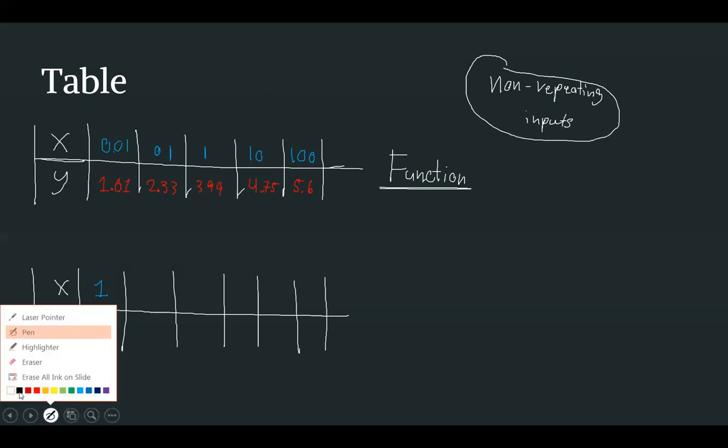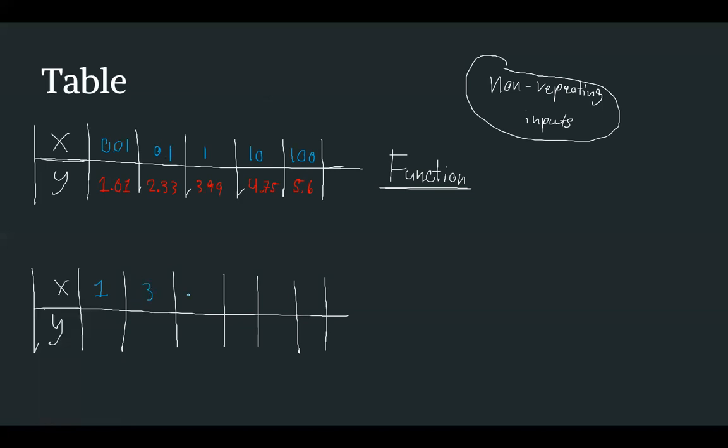Let's say I have 1, 3, 5, 7, 9, 11, and then let's say I have 0.5, 1 half, 1, 1.25, and then 2, then 3.